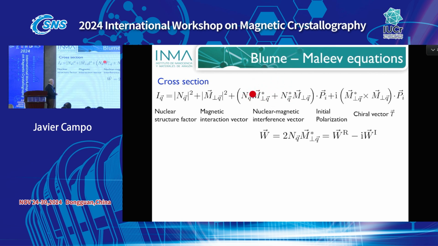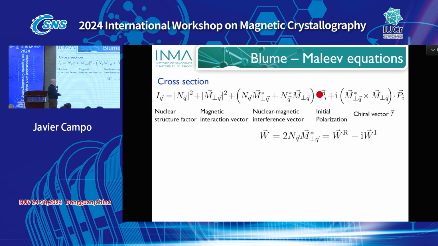Then this is one vector plus its complex conjugate, that means this is 2 times the real part of the vector, times the polarization, of course. If the polarization is 0, then this term doesn't appear, and we end up with the expression that we had yesterday.